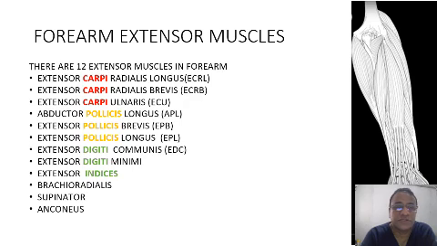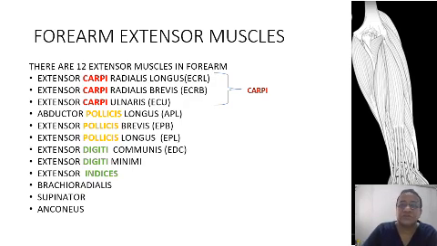These carpi muscles are the wrist extensors. They are extensor carpi radialis longus, extensor carpi radialis brevis, and extensor carpi ulnaris. So this is our carpi muscle group.